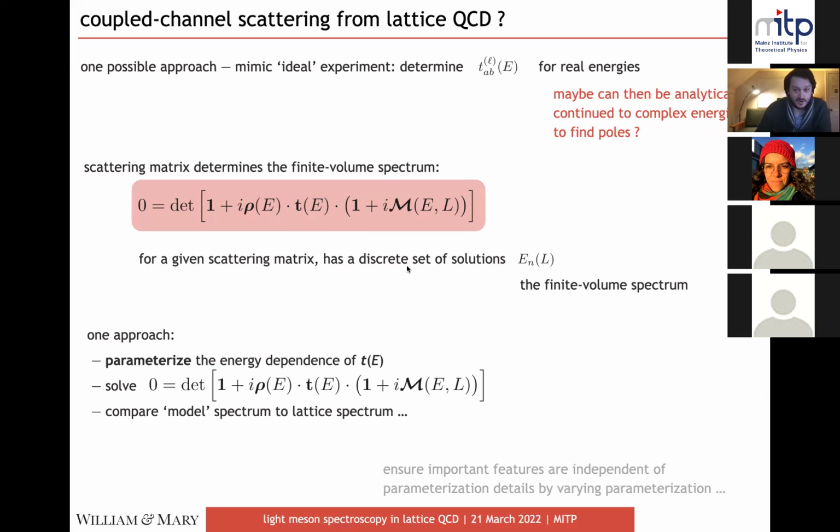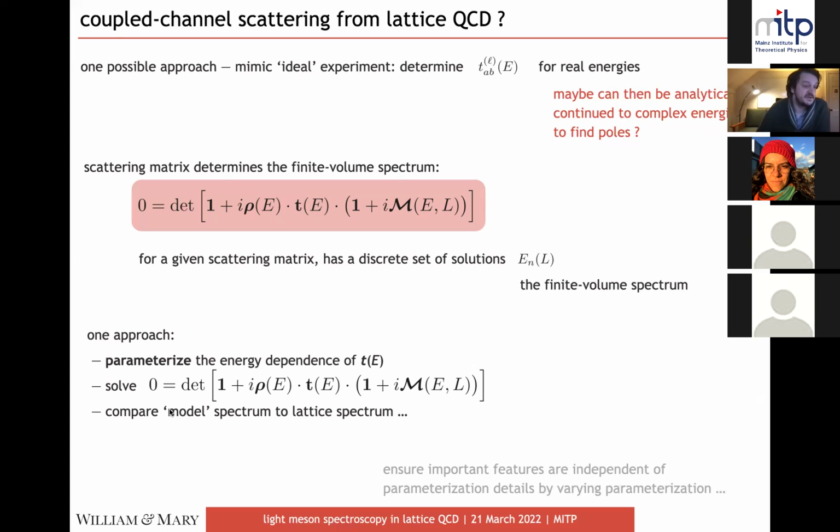So what has proven to be a powerful way to do this is to parameterize the T matrix as a function of energy. For any given set of parameters, once you fix them, you can solve this problem and obtain a finite volume spectrum, which you can then compare to the one you got in a lattice calculation.